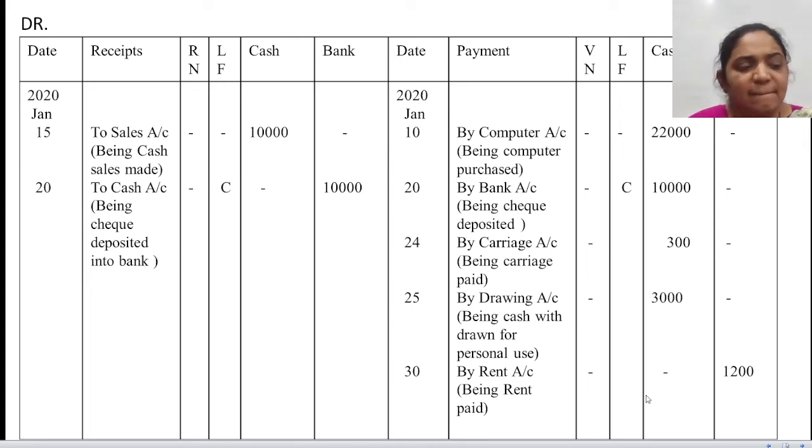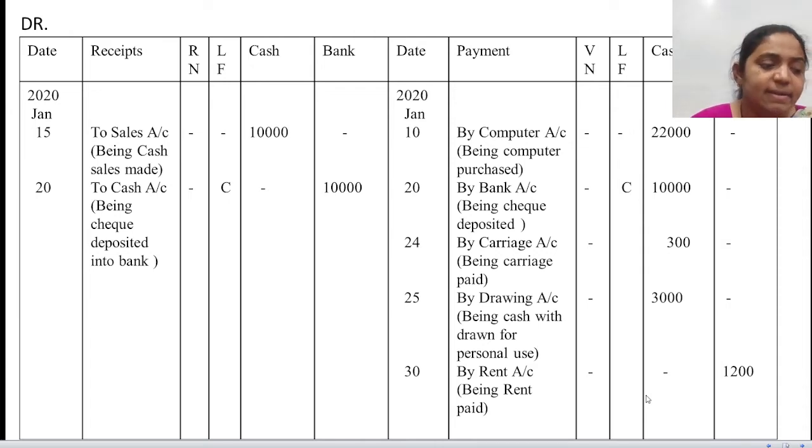Further, it is said on 20, Rakesh check deposited into the bank. That means the 20th transaction is related to the 15th. In the 15th transaction, goods were sold to Rakesh and company and a bearer check was received. As you all know, whenever you receive a bearer check, it is treated as cash. Yes or no? You all know this very well.